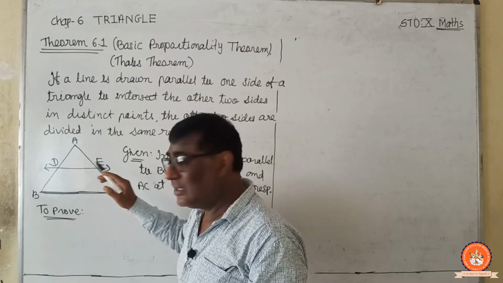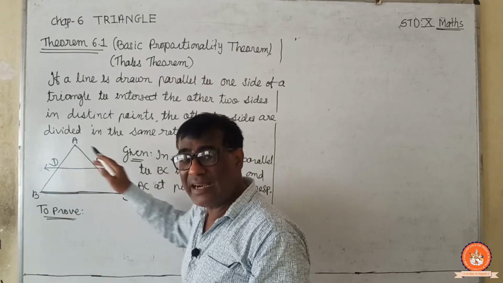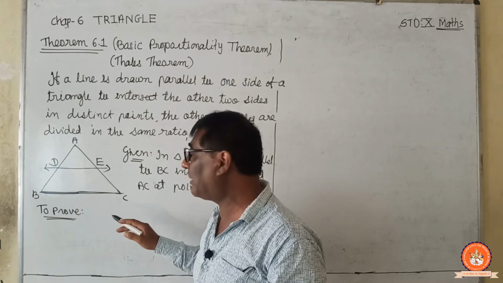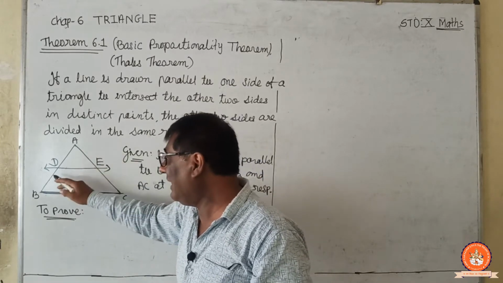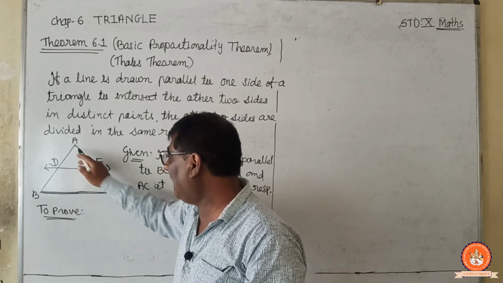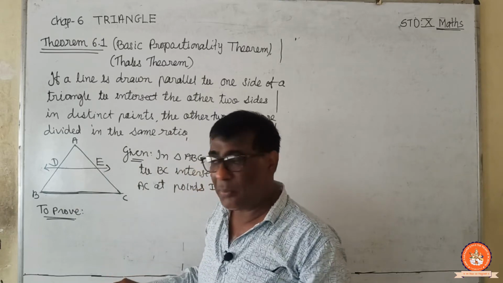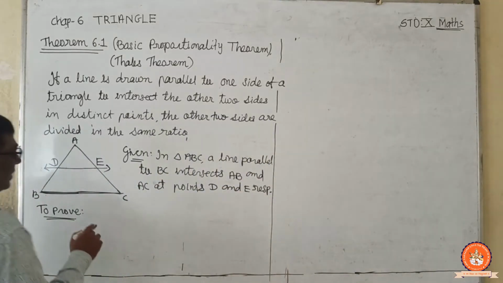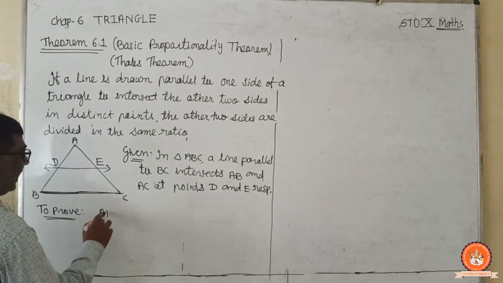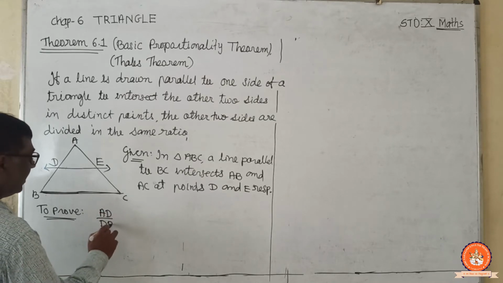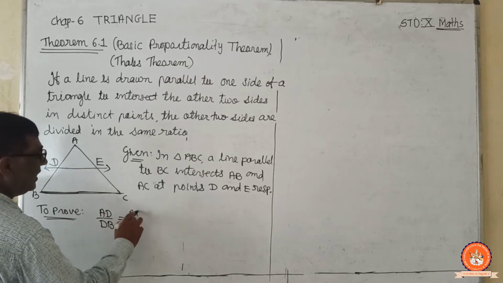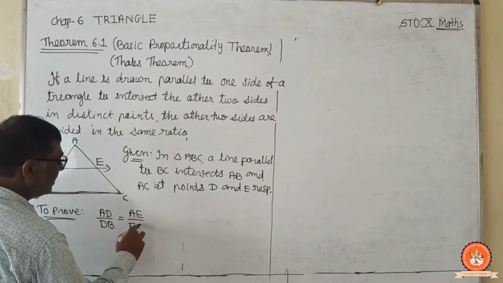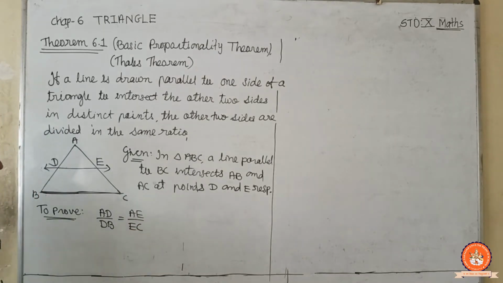If the line divides the two sides AB and AC in the same ratio, it means AD, DB, AE and EC are proportional. We want to prove that AD upon DB is equal to AE upon EC. So that we want to prove.